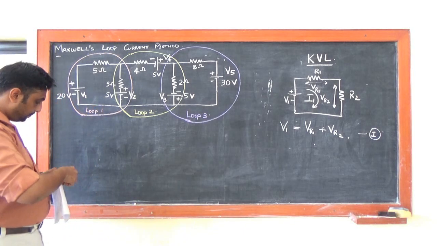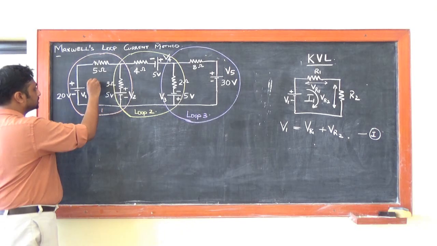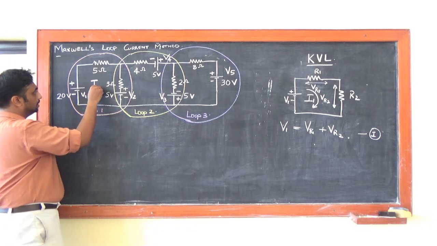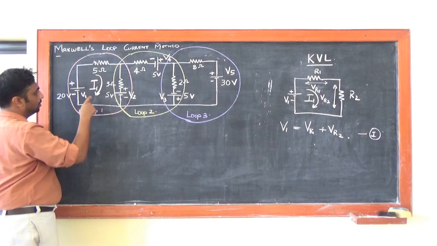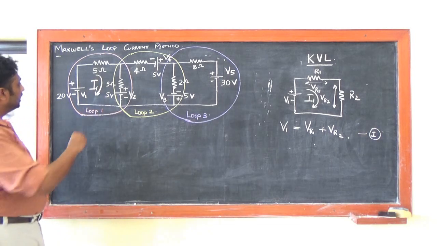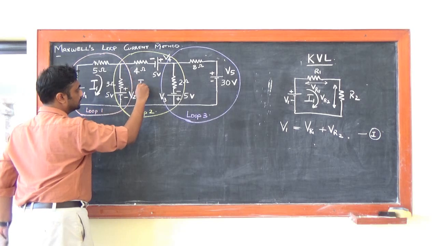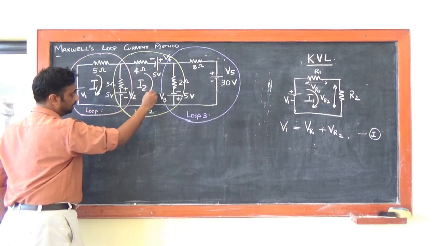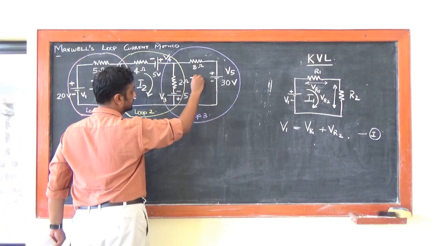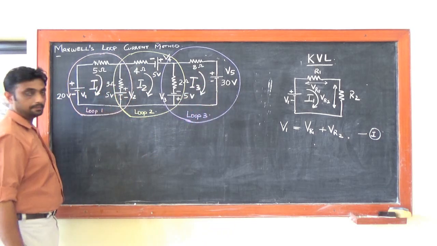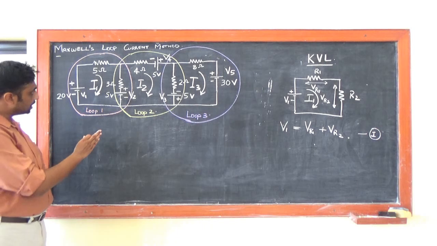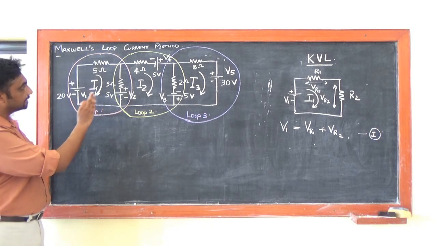So I'm saying let all the currents be, this is I1 representing loop 1, this is I2 representing loop 2, and this is I3 representing loop 3. So at the start I assume all the directions of the current.